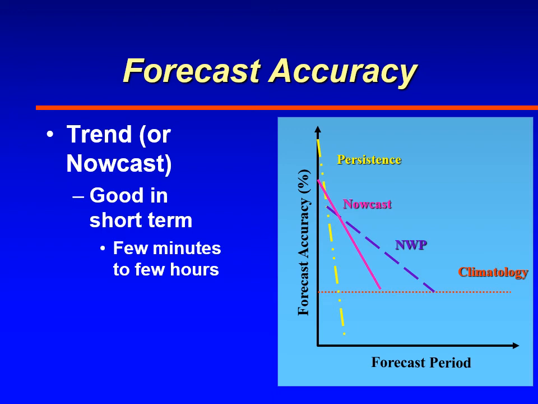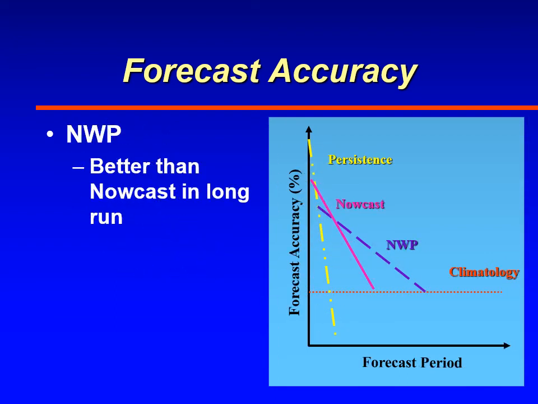If you see a severe thunderstorm off to the west and you know the predominant winds are moving from the west to the east, or you can see it on radar and you track the path of the storm, you can estimate where the thunderstorm will end up in maybe a few minutes or even out a half hour or so. But that doesn't tell you if the storm is going to fall apart or if it's going to intensify. So that's the problem with trend forecasts. It's good if the trend continues, but when it changes, you've got problems.